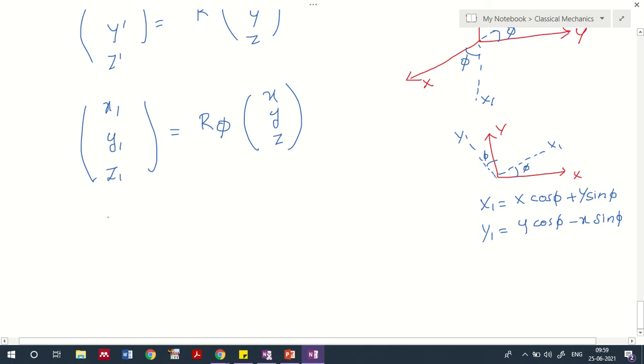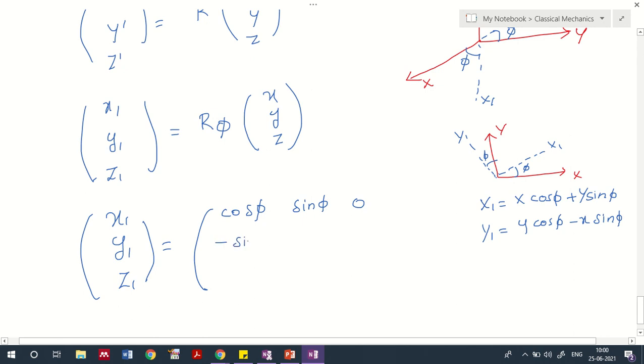So for the matrix, x1 y1 z1 is actually cos phi, sin phi, 0, because there is no component of z over here. In the next line we have minus sin phi, cos phi, then 0.